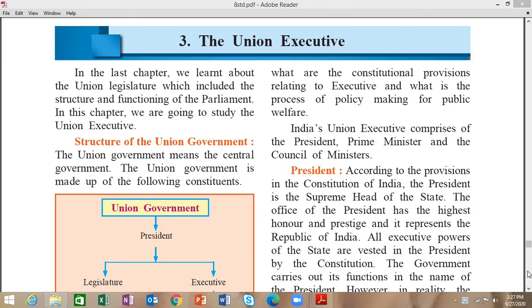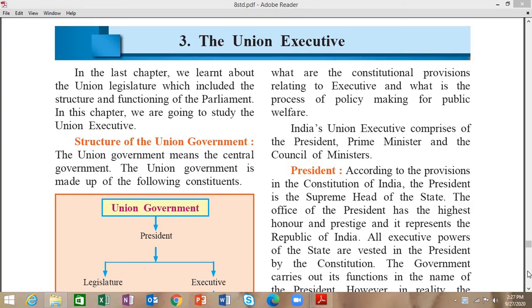Civics, Standard 8, Union Executive. As we all know, in the previous chapters we have learned all about Parliament, we have learned about Lok Sabha, we have spoken more about Rajya Sabha.